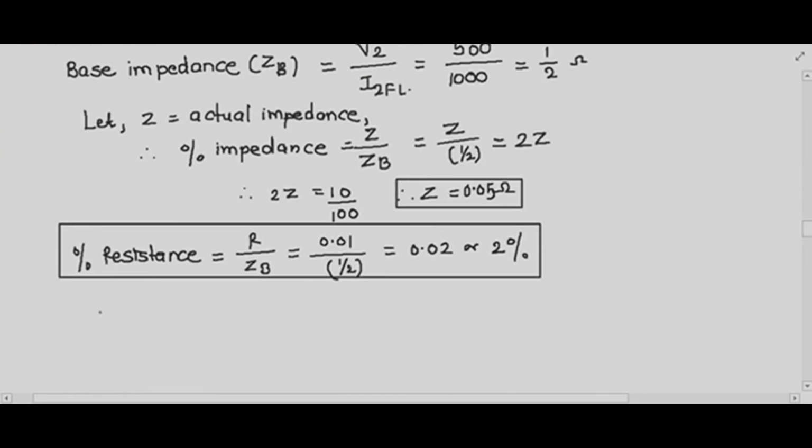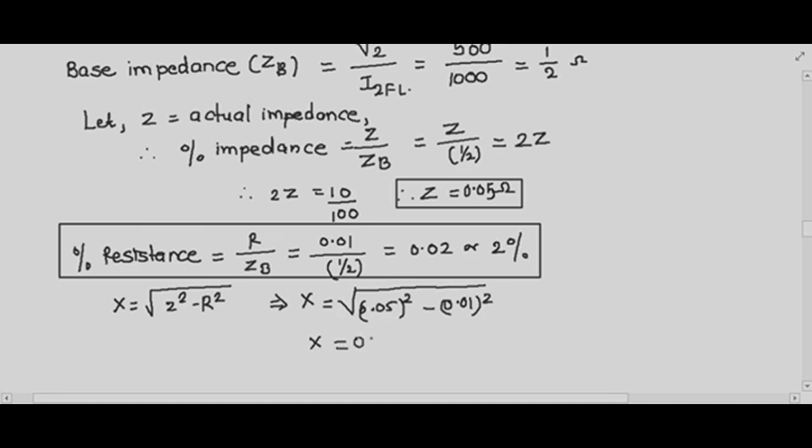So students, what is reactance? Reactance X we can write as the square root of Z square minus R square, which implies X is equal to the square root of 0.05 whole square minus 0.01 whole square, R being given in the problem. So you will get X equals 0.049 ohm. But we don't want the reactance, we want the percentage reactance.